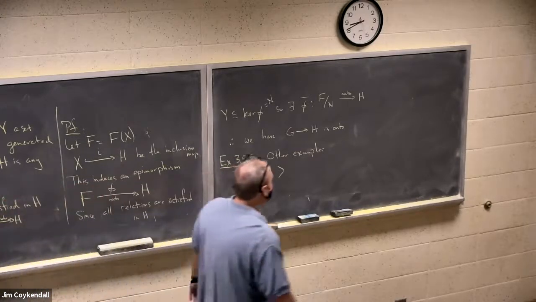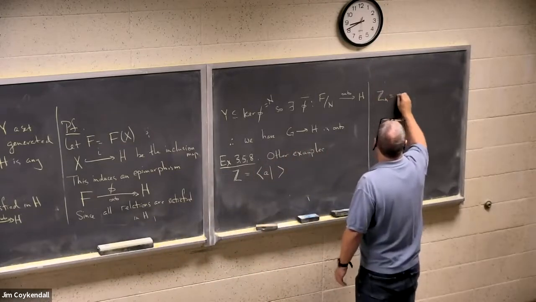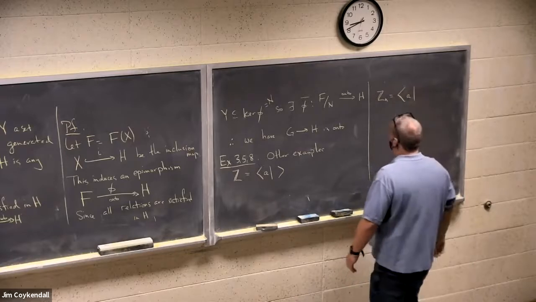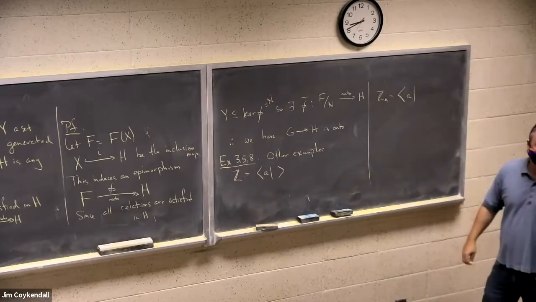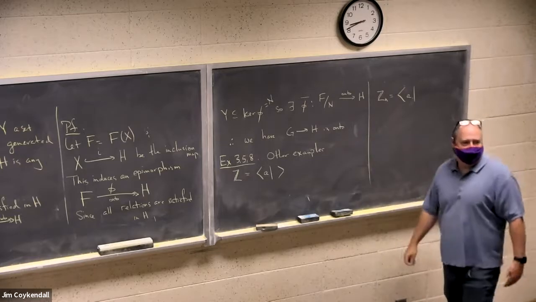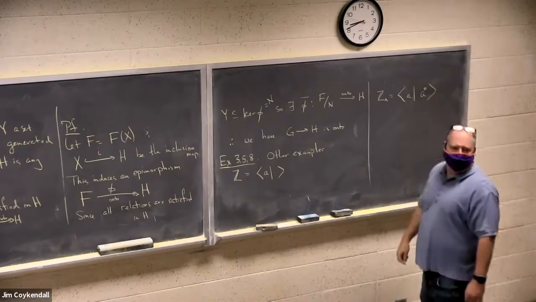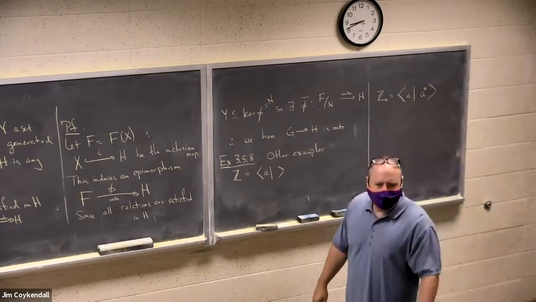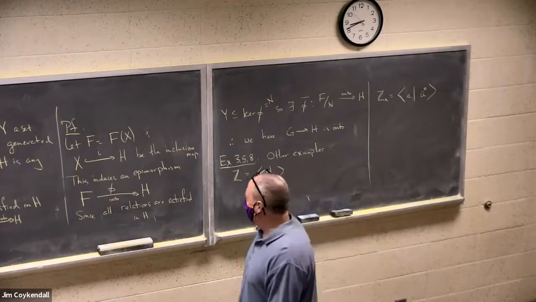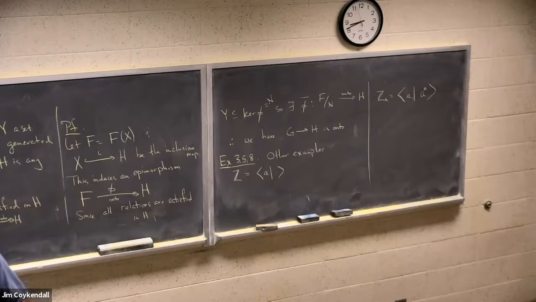So Z is just the free group on one letter. How about Zn? What's the relation that I need here to make this, instead of infinite order, order n? How about this? And of course, what that notation means is A to the n is now the identity. Here's another one.